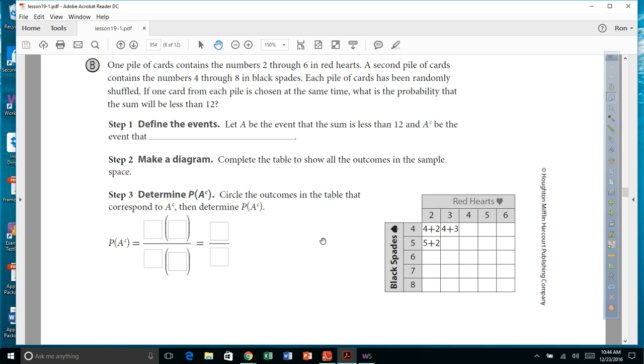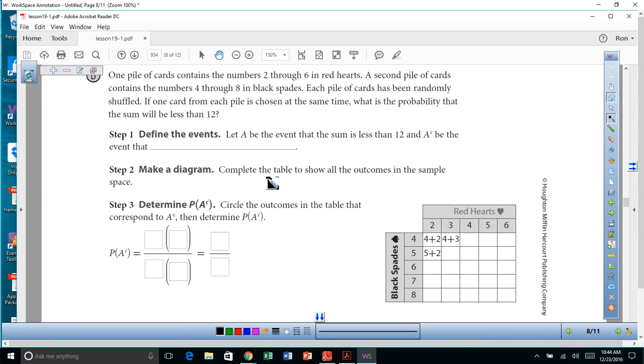If one card from each pile is chosen at a time, what is the probability that the sum will be less than 12? All right, define the event. Let A be the event that the sum is less than 12, and A complement be the event that the sum is not less than 12.